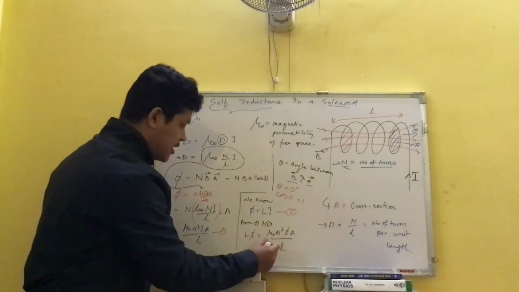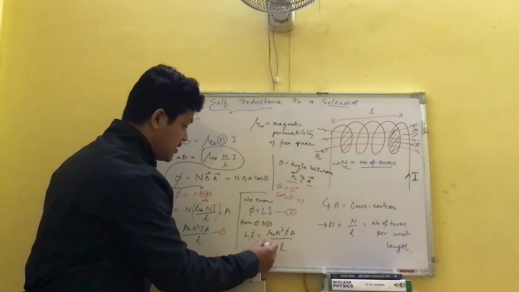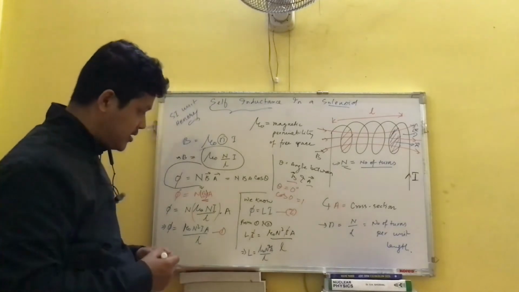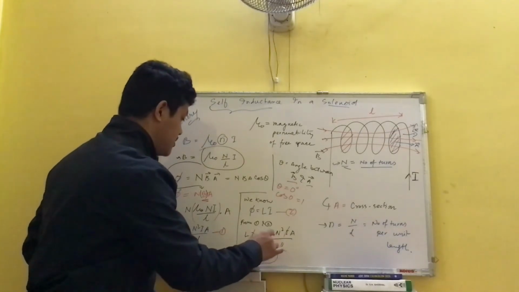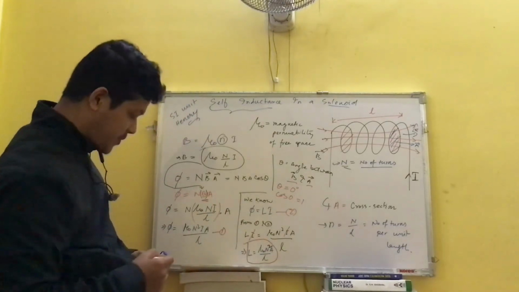So this is the expression for self-inductance of a solenoid.